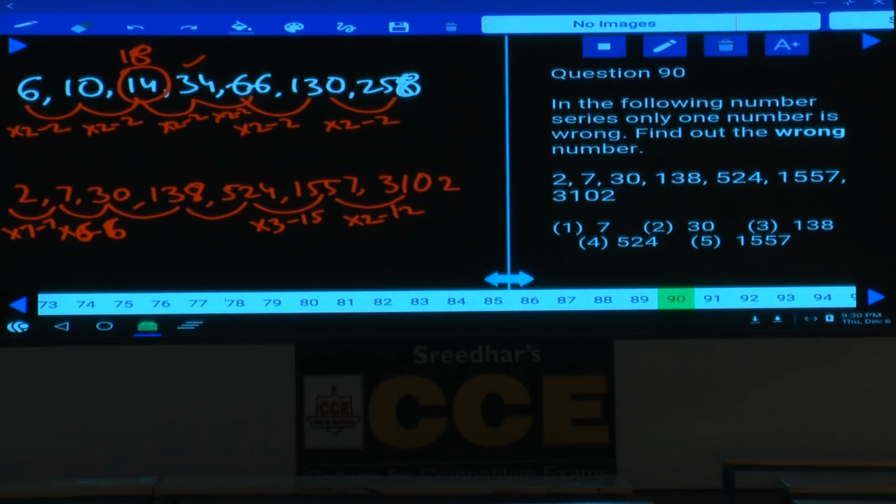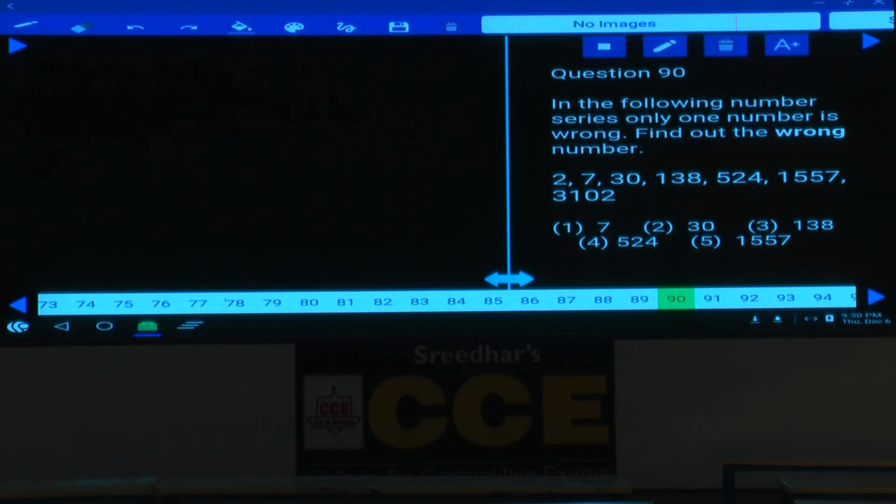12 is the difference. Next one, 12, 15, once again. Now 2, 7, 30, 138. Then what is the next number here? And 524.